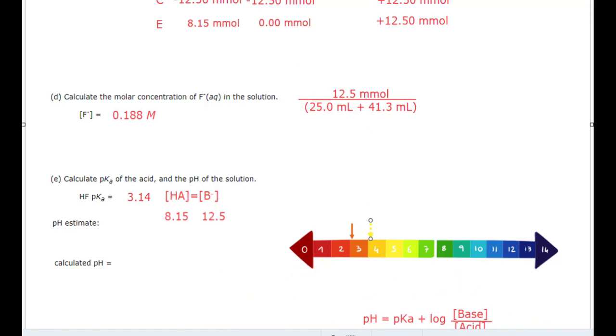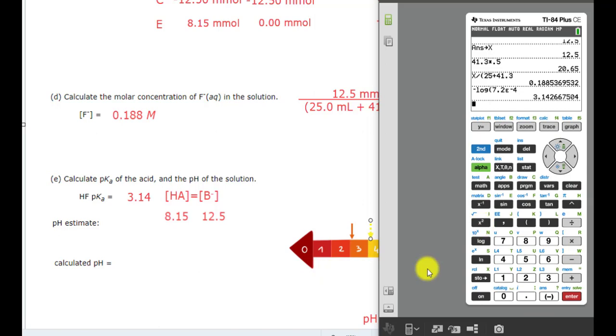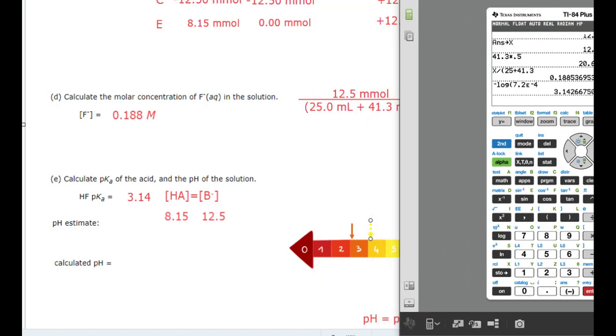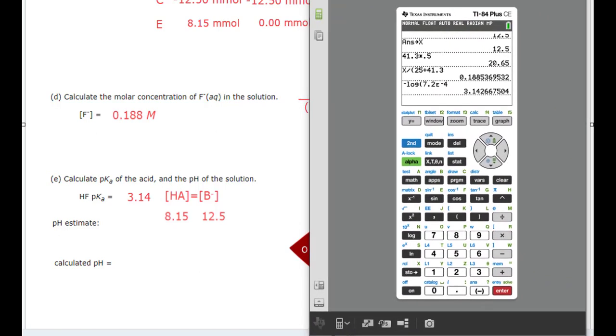In fact, I'm going to grab my calculator, and here we go. Here's my try at it. We have our pKa. That's going to be 3.14. I'm going to go second function answer all the way out to that many values, plus the log, parentheses, of 12.5, the base.